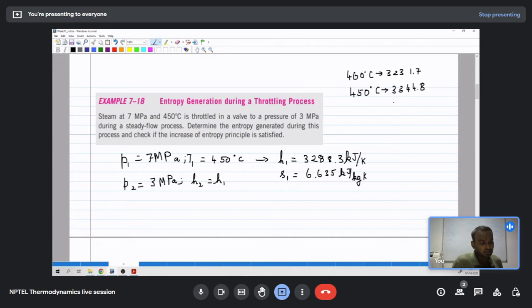Now what we need is 3288.3. So for this we can calculate the temperature.